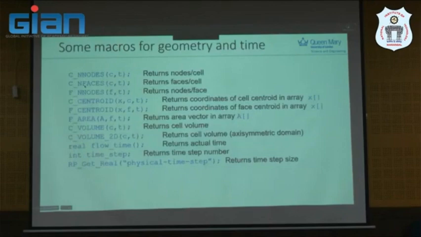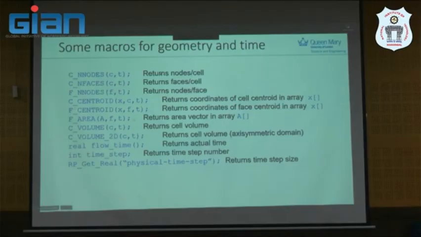And in this slide, there are other macros for geometry and time. We can use these macros to get specific fields. We can get the value stored in a specific volume.